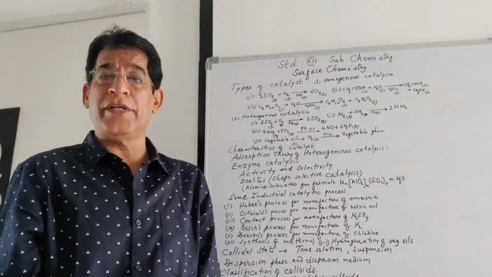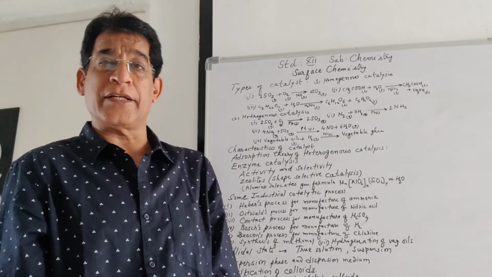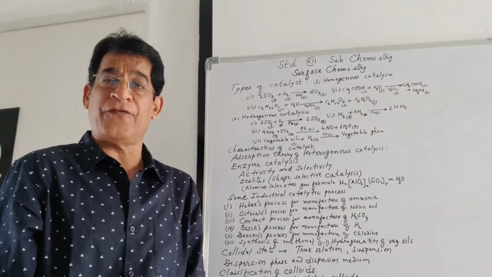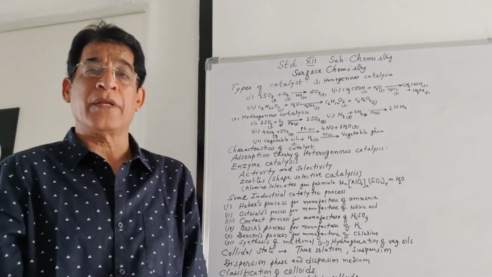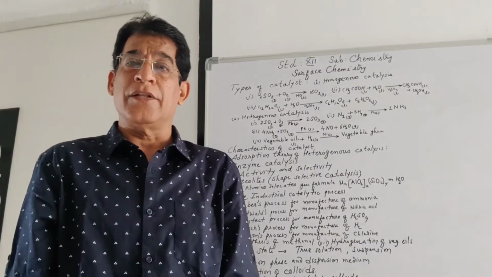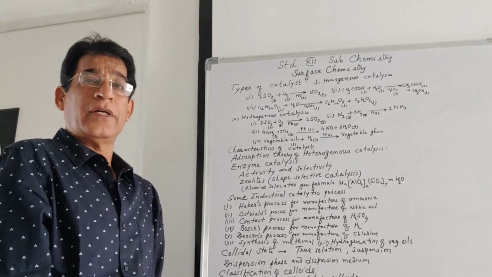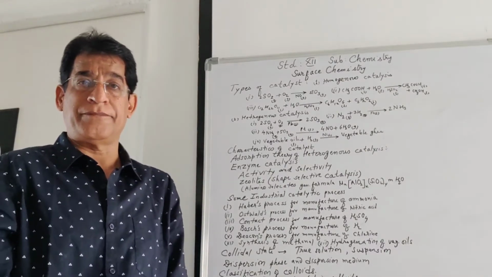Now first, homogeneous catalysis. When the reactants and the catalyst are in the same phase, the catalysis is said to be homogeneous. The following are some examples of homogeneous and heterogeneous catalysis.